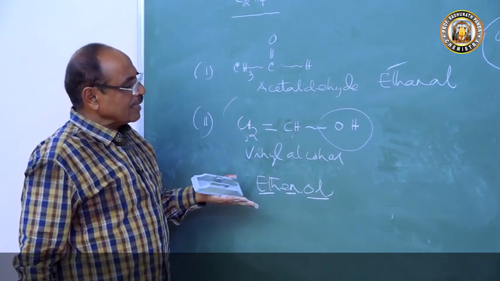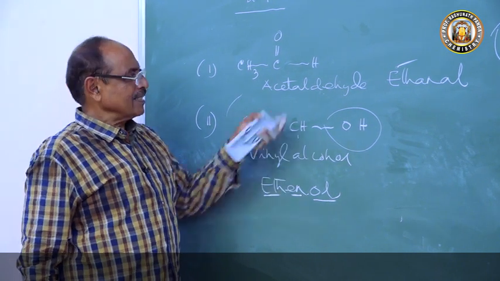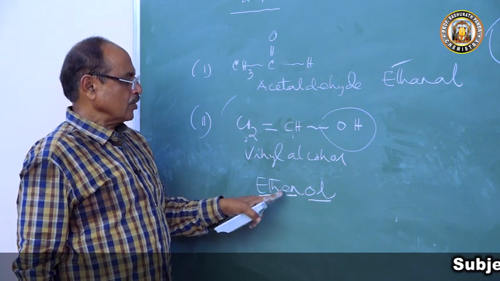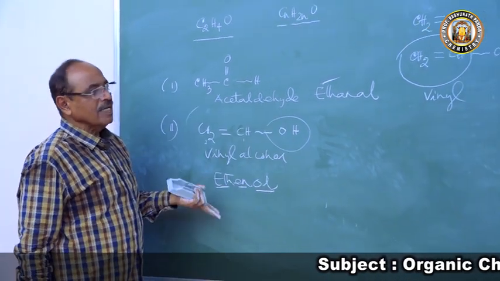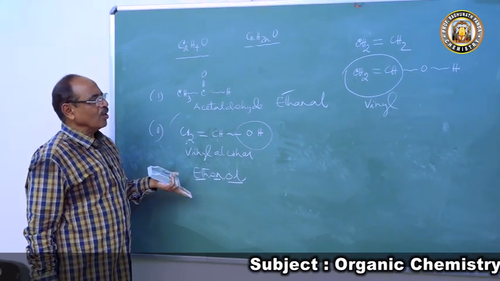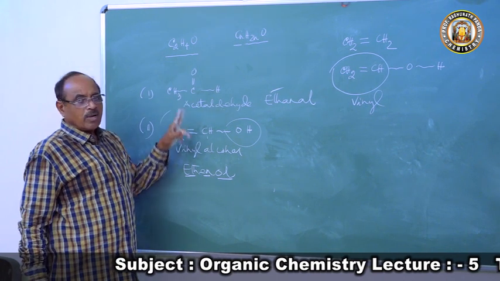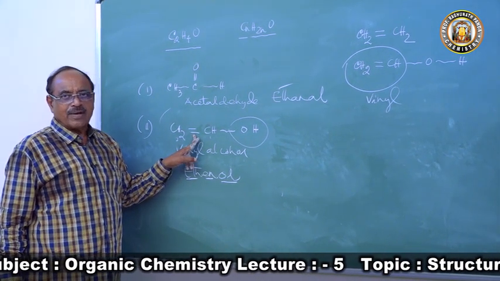So what will they be? They are functional isomers. This is an aldehyde and this is an alcohol. So they are functional isomers. So vinyl alcohol is a functional isomer of acetaldehyde, because you have aldehyde and you have alcohol. 12th class students, you have both of these in your course.